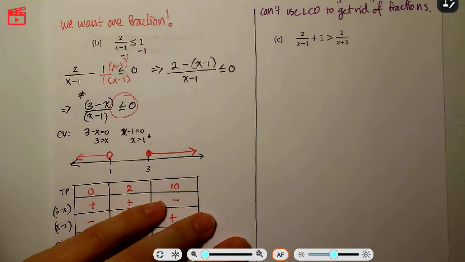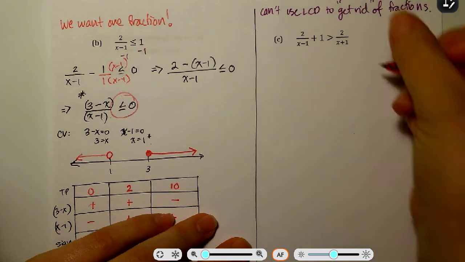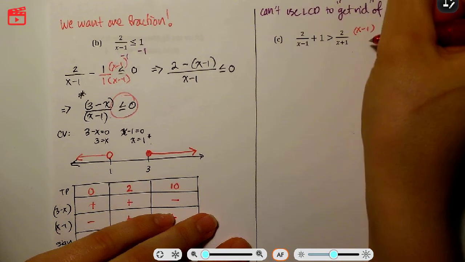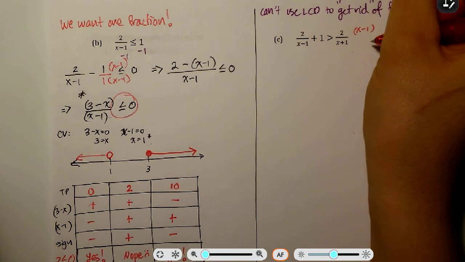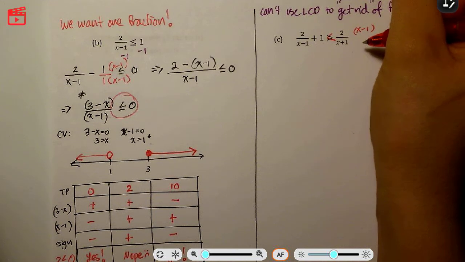The reason why we can't do that with inequalities, and we can with equations, is because with an inequality, remember, we have that little sort of problem that when we multiply or divide by a negative, our sign flips. So if I was to multiply this by x minus 1, as an LCD or something to both sides, if I did that, I do not know if I'm supposed to be flipping my sign or keeping my sign in the same place.